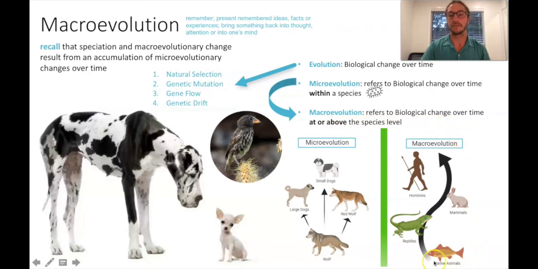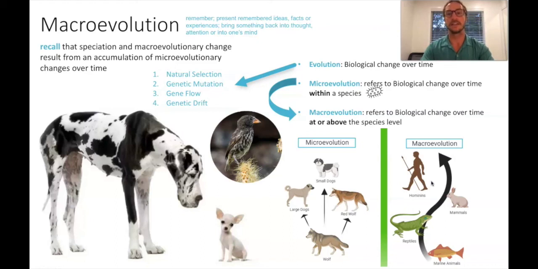That also refers to what we call molecules to man evolution, whereby marine animals evolve, change, and adapt into reptiles, into mammals, and into Homo sapiens. So it's important to know what kind of things we're talking about when it comes to our definitions.